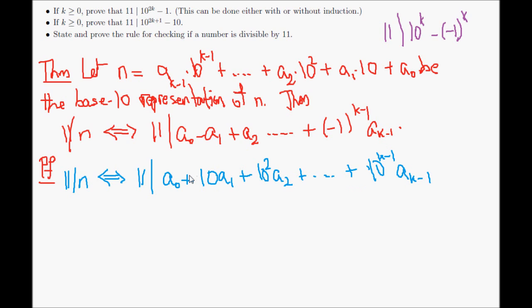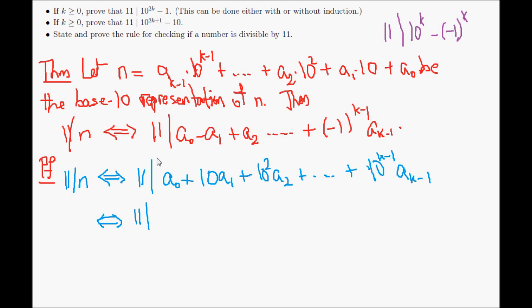So that's the definition of n, just simply reversing the terms where a sub 0 is now first and the highest power of 10 is last. So that's a multiple of 11 if and only if I were to subtract a multiple of 11, and it's still a multiple of 11.